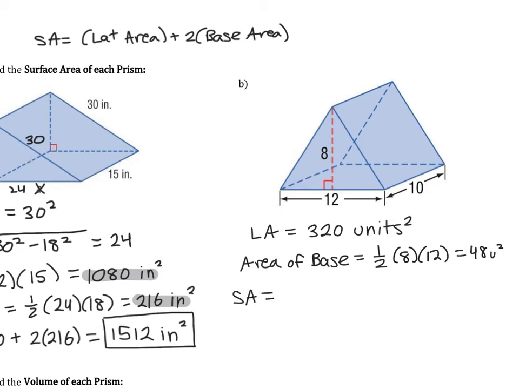So we get the lateral area, again, 320, plus 2 times the area of our base, which was 48. And that gives us a surface area of 416 units squared.